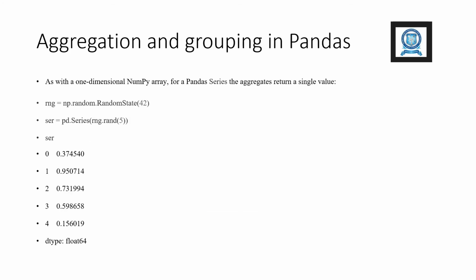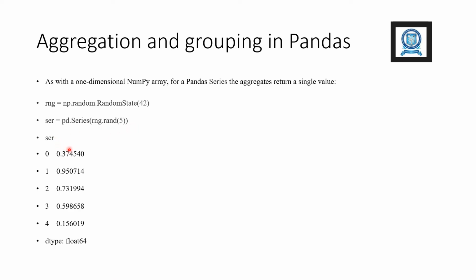As with a one-dimensional NumPy array, for a pandas Series the aggregates return a single value. We have seen the aggregation in NumPy arrays. The same thing we are going to see in pandas also. To do this, we write a series: ser = pd.Series(rng.rand(5)).